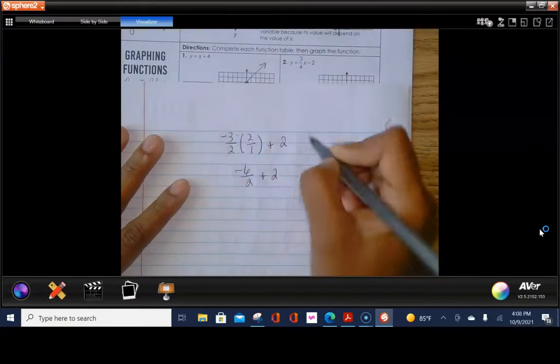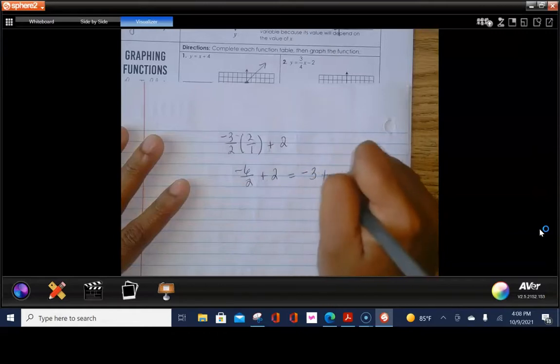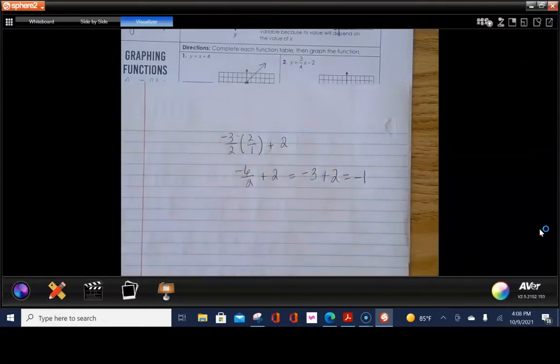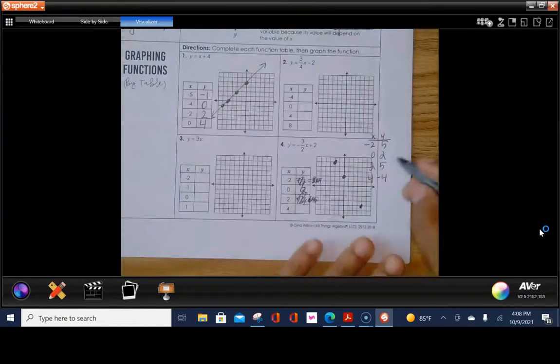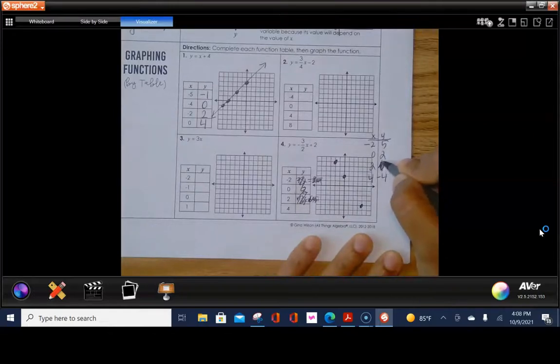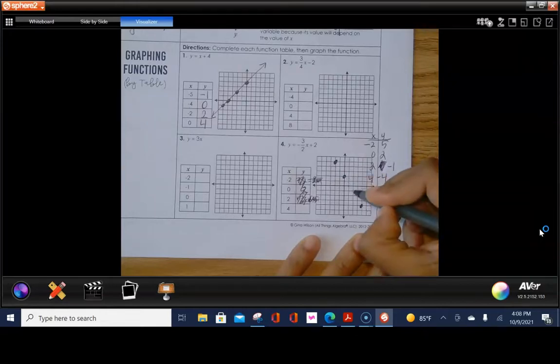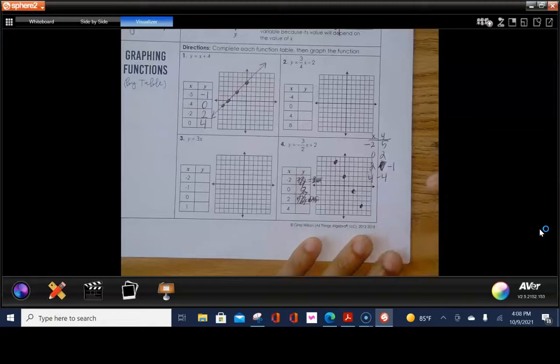This negative 6 divided by 2 is negative 3 plus 2. We should have got negative 1. Okay, so negative 1. So this should not be a 5. It should be a negative 1. So now if I go to 2 here, I'm going to go down 1. And that makes sense. It looks like it's in alignment.